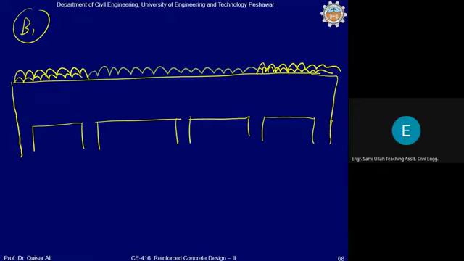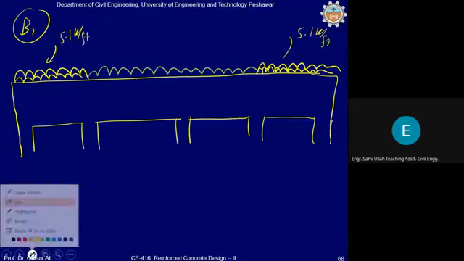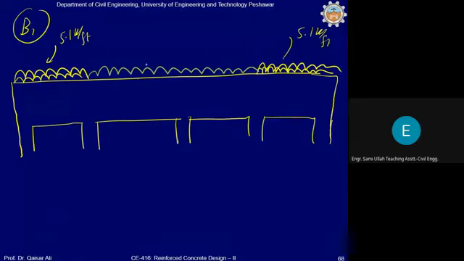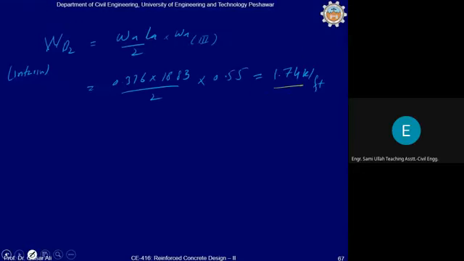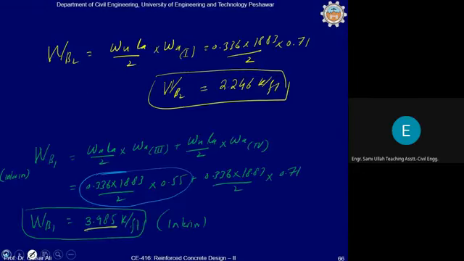And what was the value? It was 5.1 kip per foot. Load acting on interior span, how much was the loading? 4.22.